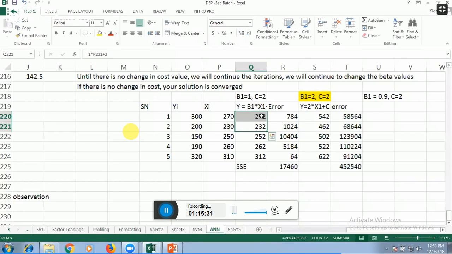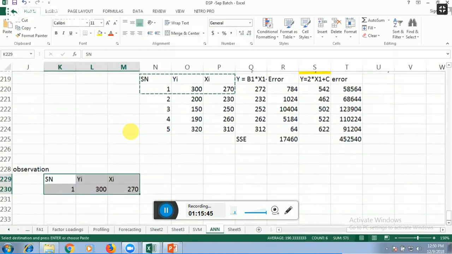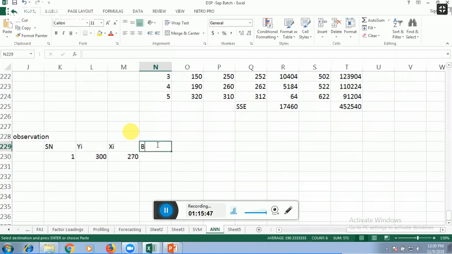So Chandra, in the second observation, the beta will again be changed? Yes, that's what I said. First I assume my first record is like this, and I finalize my beta value.